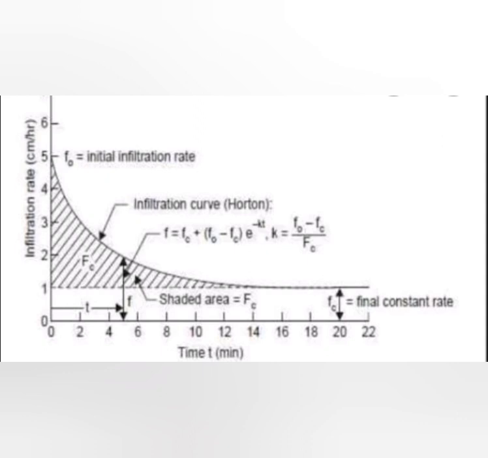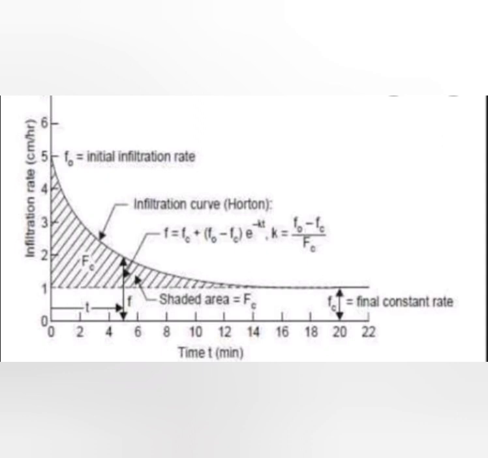This is a very important concept which makes us understand that the infiltration rate is never constant in the beginning. It goes on decreasing with time, and finally it reaches a saturation point or a constant rate. This curve was put forward by Horton, and from it we can analyze many important things.